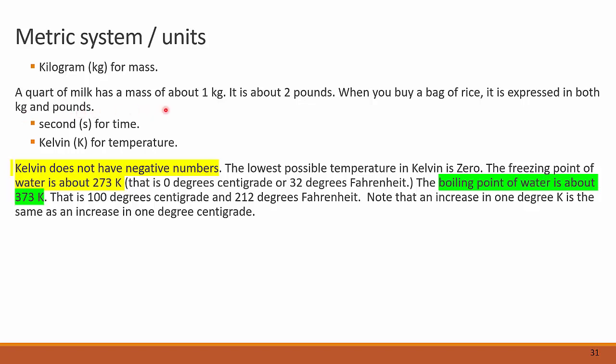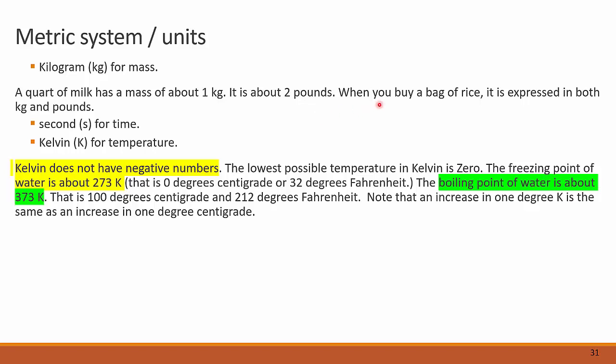So it might be expressed as 5 kilograms, 11-something pounds. So they are close to each other, kilograms and pounds, about twice, like I mentioned here. A kilogram is about 2 pounds.